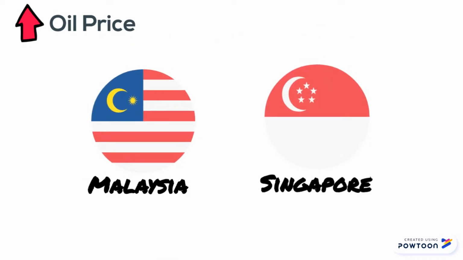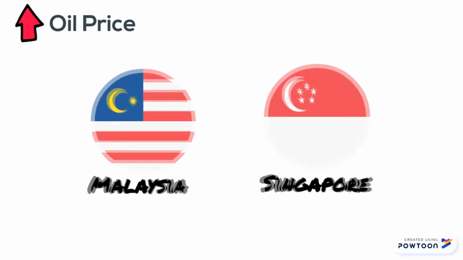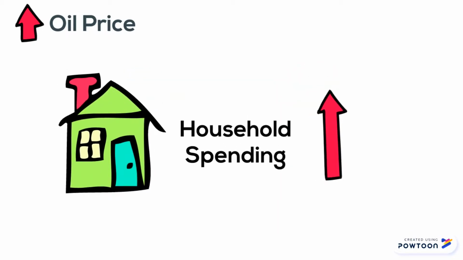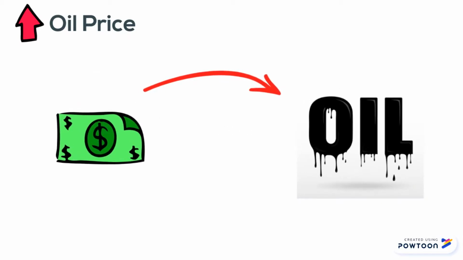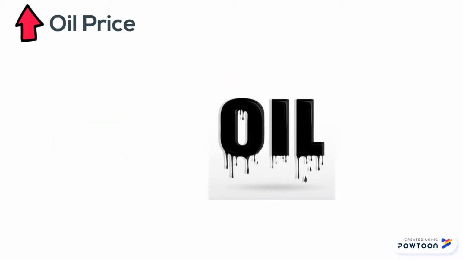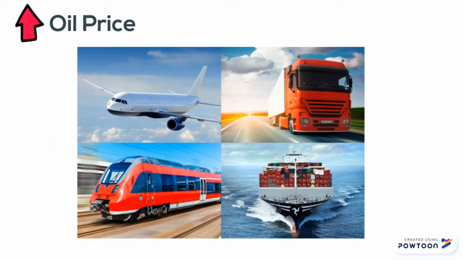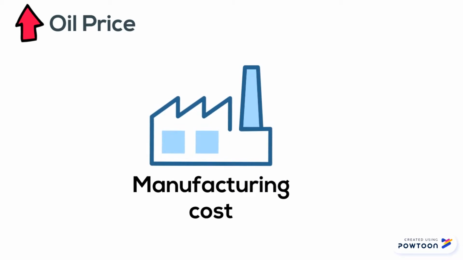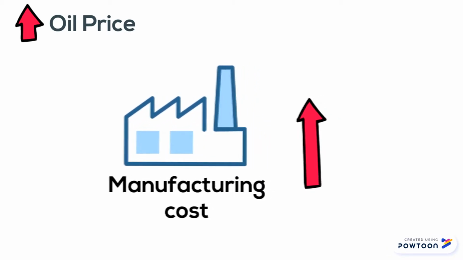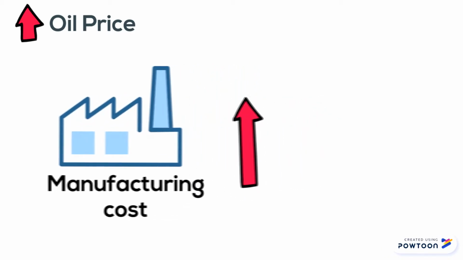When oil price increases, a large share of household spending is likely to go to it, and they will spend less on other goods and services because oil is necessary as fuel for transportation. Therefore, when oil price increases, it means that the manufacturing cost will also increase.